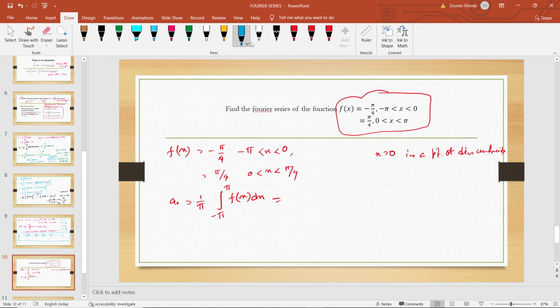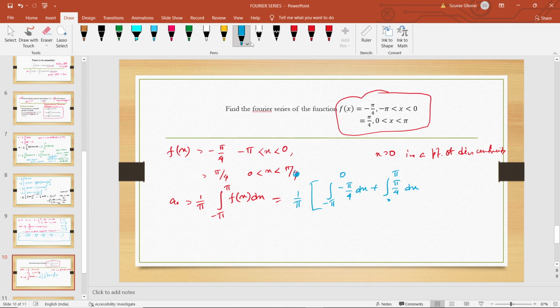So from here we get 1 by pi times the integral from minus pi to 0 of minus pi by 4 dx plus the integral from 0 to pi of pi by 4 dx, since the value of f of x there is pi by 4.